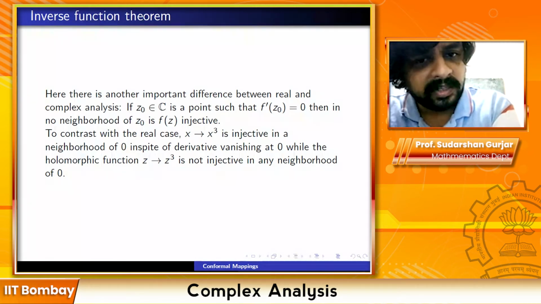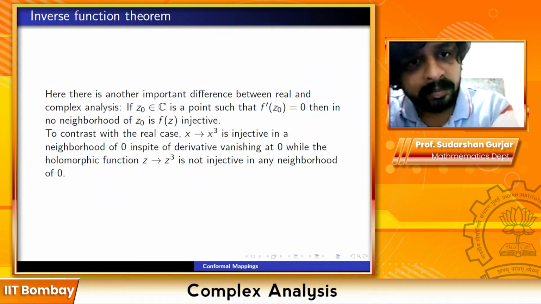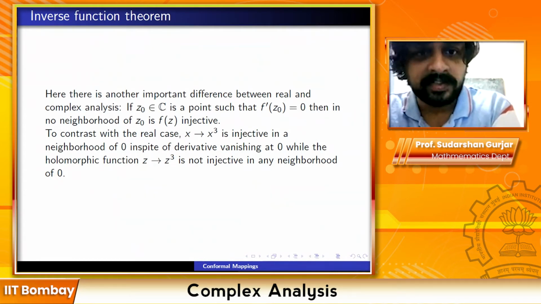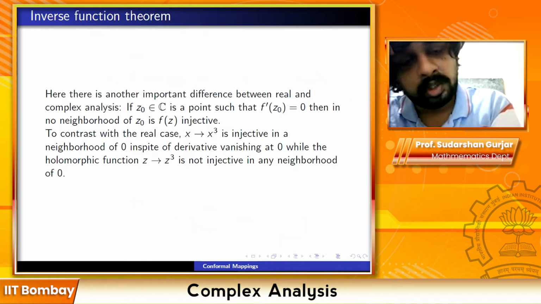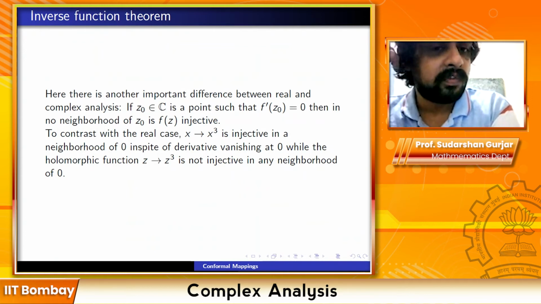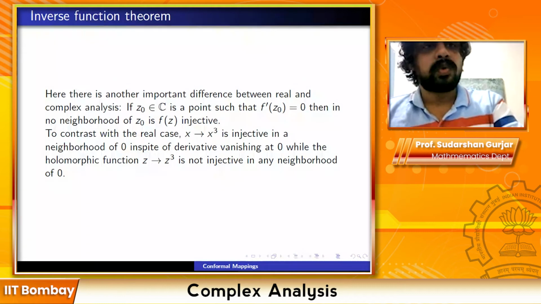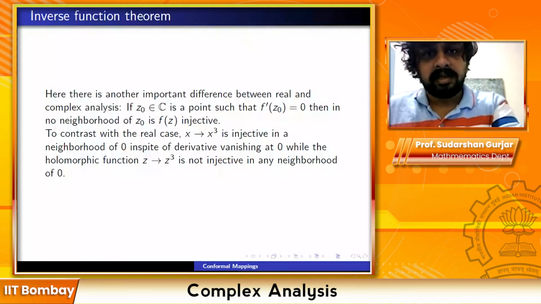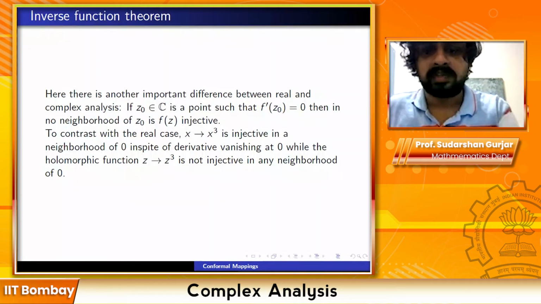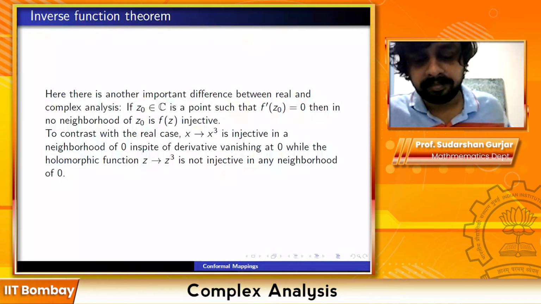I would not say completely different. Rather, in the real case, it's a one-way implication. And in the case of the complex variable, it's an if and only if statement. In the real case, derivative non-zero is a sufficient condition for the function to be locally injective. In the case of a complex variable, the condition is both necessary and sufficient. This was the inverse function theorem, and this is one of the consequences of the inverse function theorem, local injectivity.